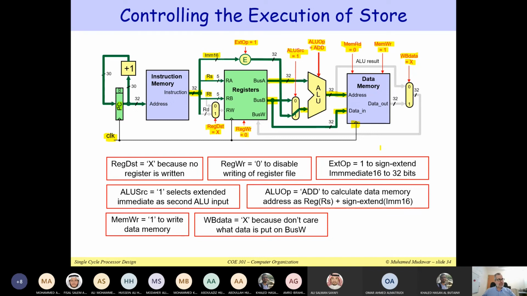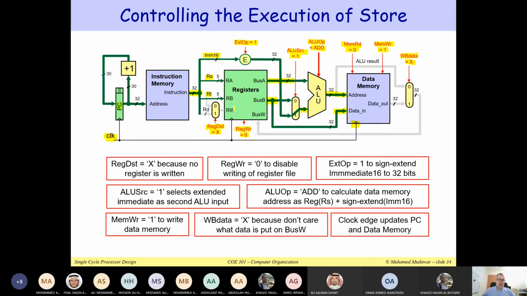While we are updating the PC, we are also storing the data inside the data memory. These two things happen at the same moment in time. We update the PC and we write the data memory at the same edge of the clock.